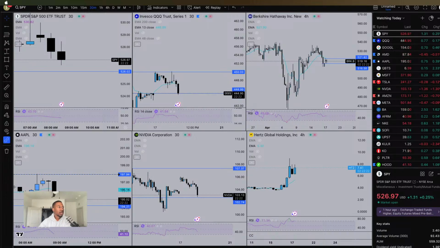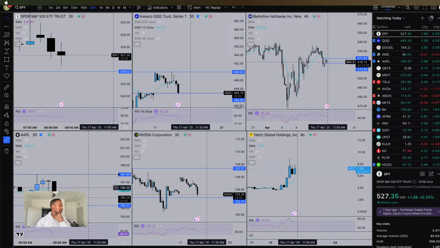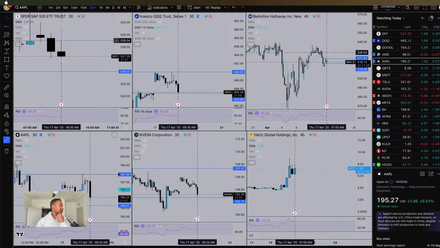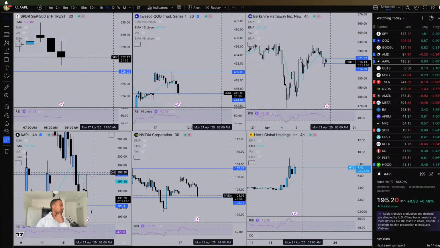Then they also have an Apple call. It's a scalp opportunity. That one looks chill too. Honestly, if we can get Apple at support. Here, let me go up to a higher time frame, double check this.